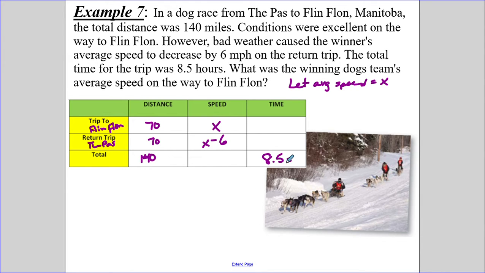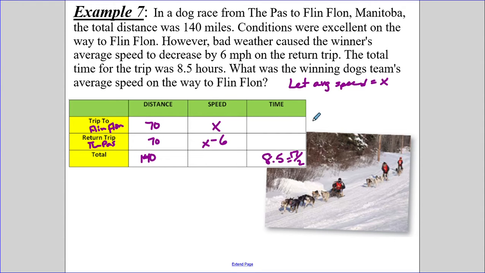Now 8.5 hours, we could leave it as a decimal, or we could also call this 17 over 2 as a fraction. So now, if we knew what our times were, we could develop this expression here. There's an equation used in physics that calculates using constant speed, a relationship between distance, speed, and time.